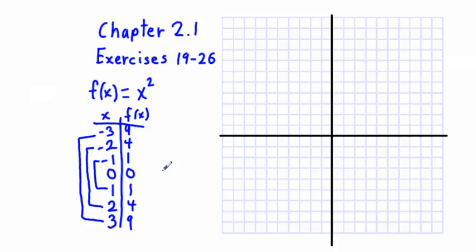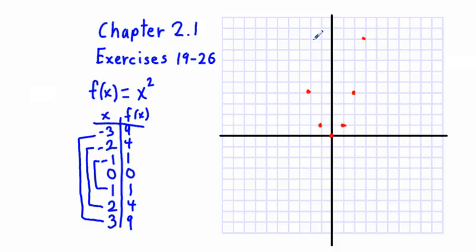So we have a certain symmetry, and we'll go ahead and quickly sketch these points. We have 0, 0, 1, 1, negative 1, 1, 2, 4, negative 2, 4, and 3, 9. Let's see, 4, 5, 6, 7, 8, 9.